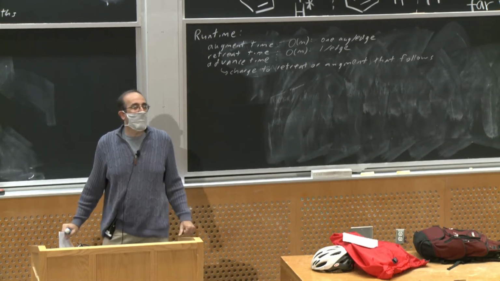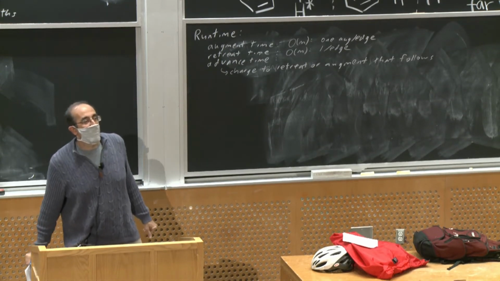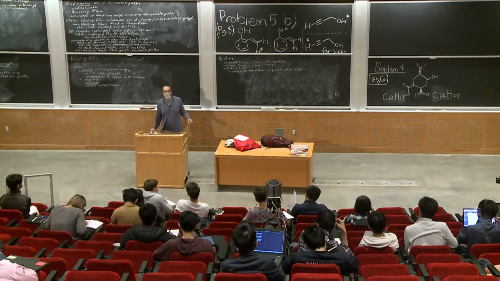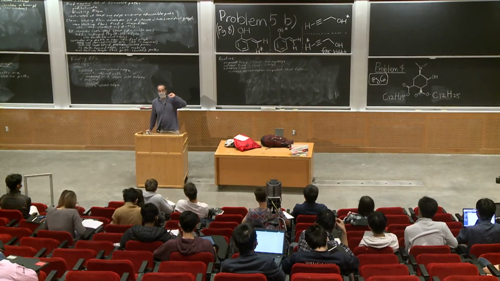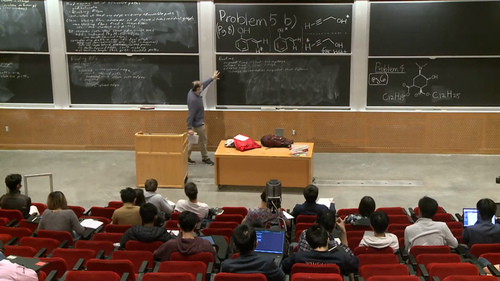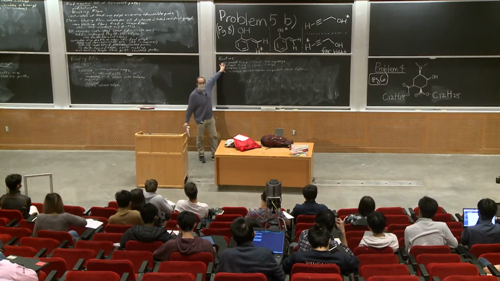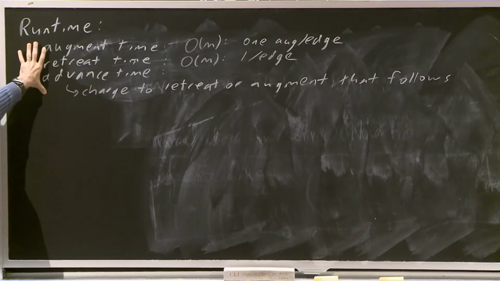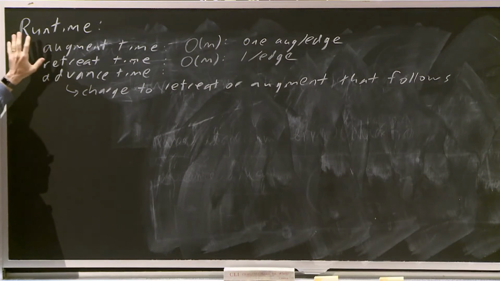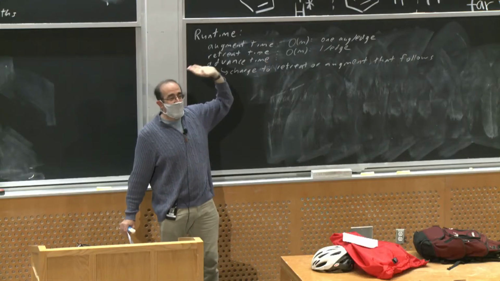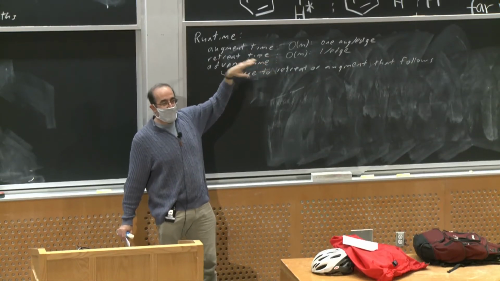Yes? That I'm actually O of m because the T is the small m. Sorry, the retreat time? So this is over the full execution of the blocking flow algorithm. So, again, you start at S, you advance. If you ever get to T, you augment, and now you go back to advancing from S, right?